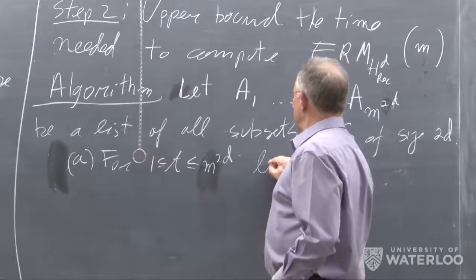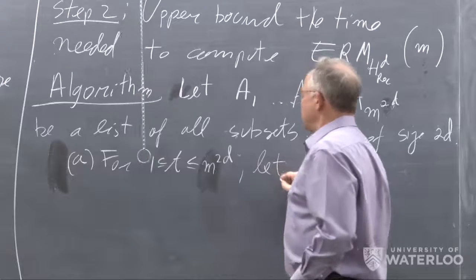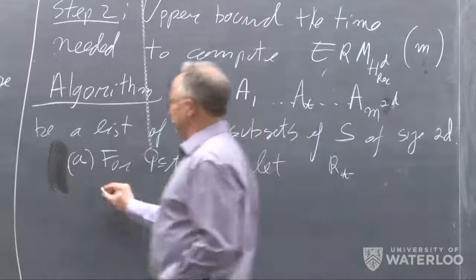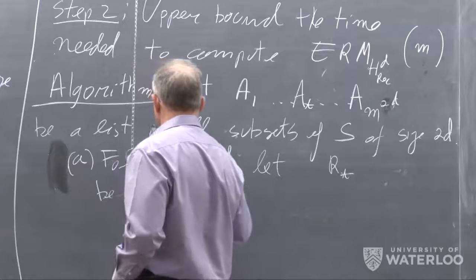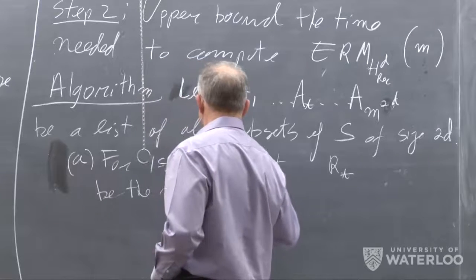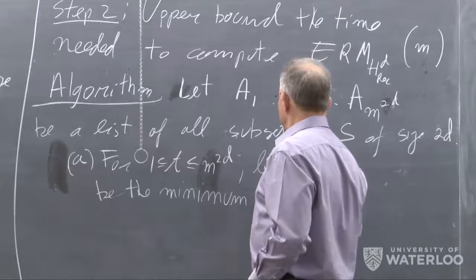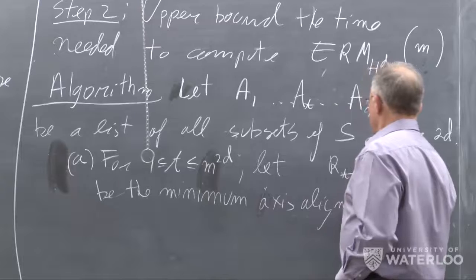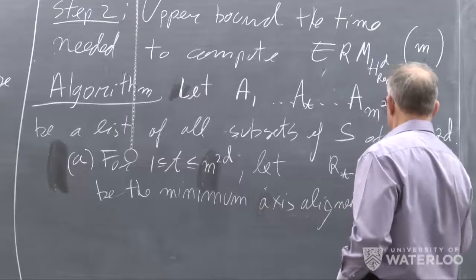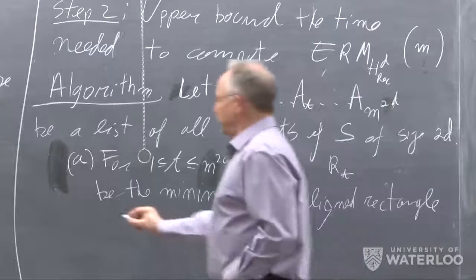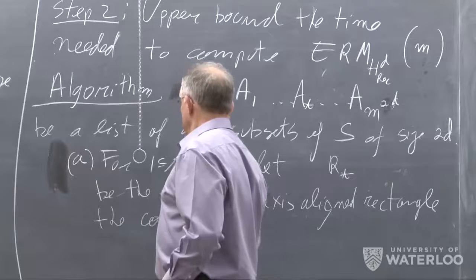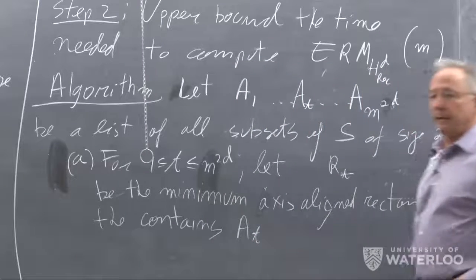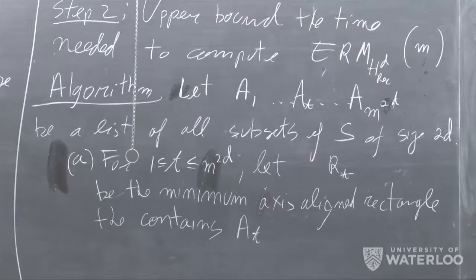Let R_T be the minimum axis-aligned rectangle that contains A_T. So A_T is a set of 2D sample points.